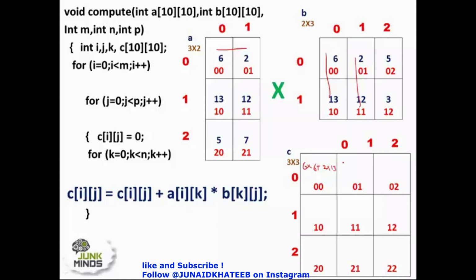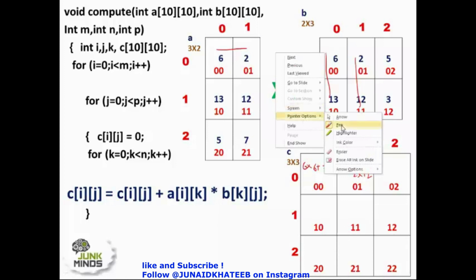So this will be 6 into 2 plus 2 into 12. And this is how I'm going to get my values for the third matrix. So as of now, what I've understood is I want to multiply the rows of the first matrix with the columns of the second matrix. That's it.